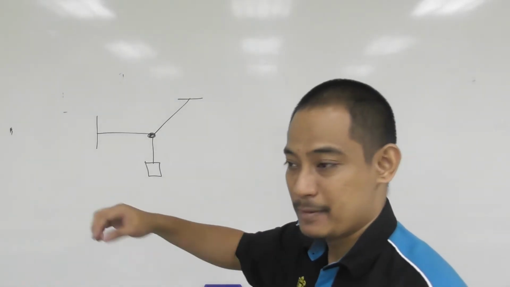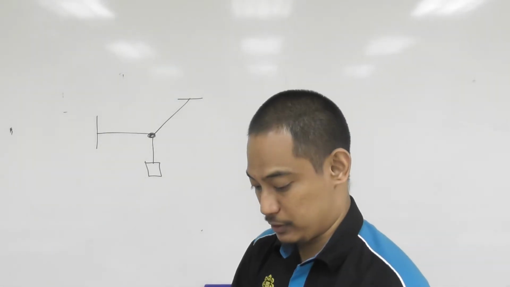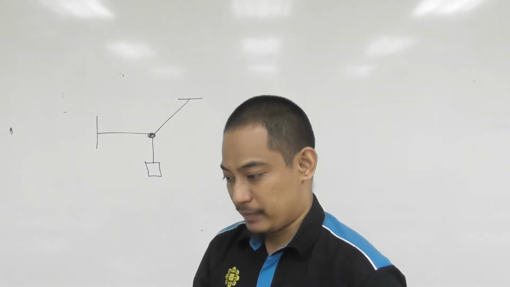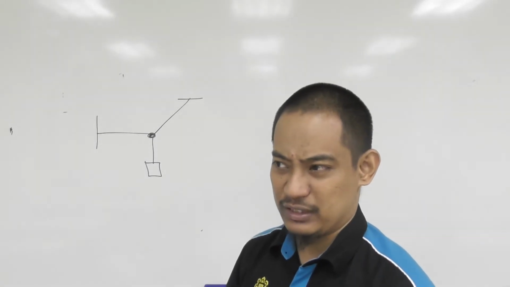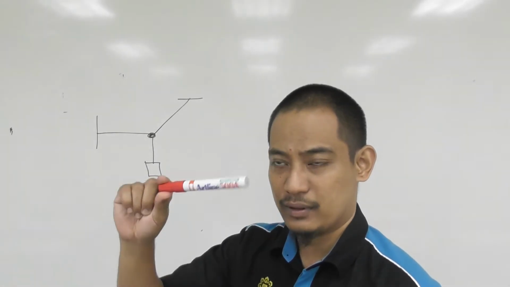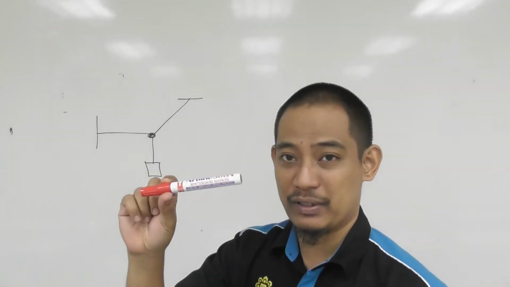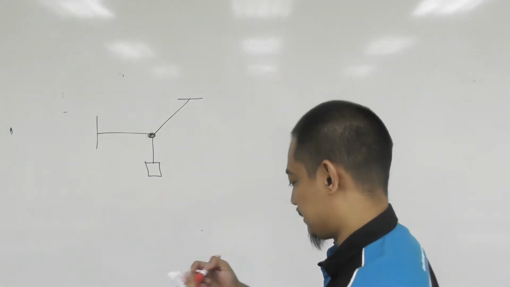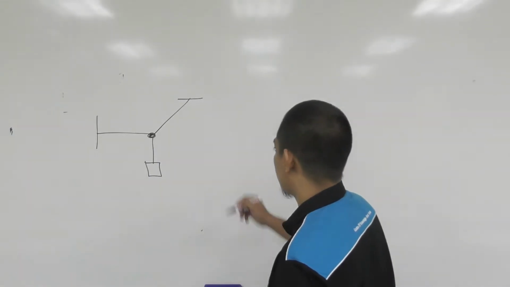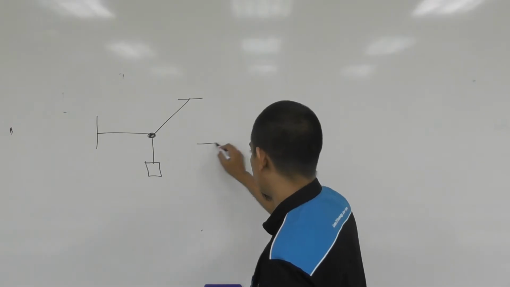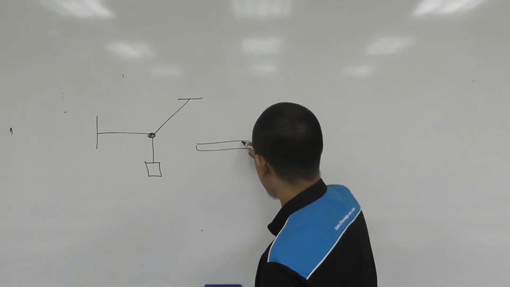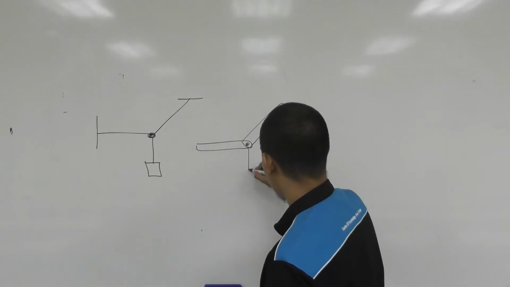That's the cable, so a cable can only pull. In this chapter, because we are dealing with a particle, we rarely see a member like this, because if it's something like, let's say, this.